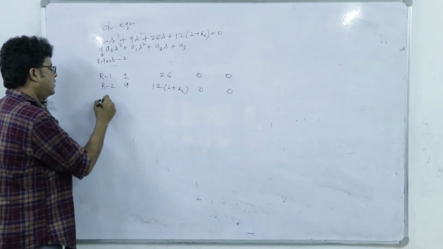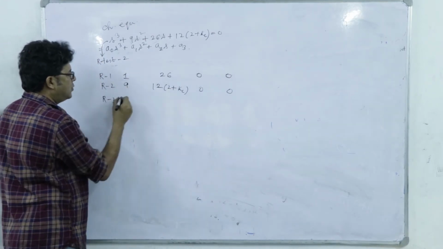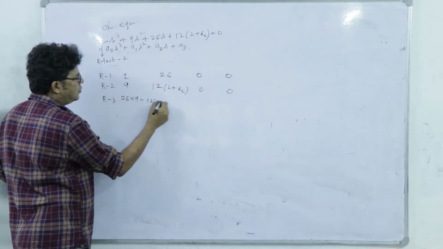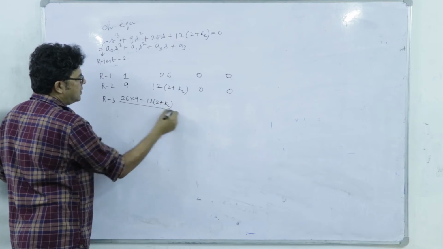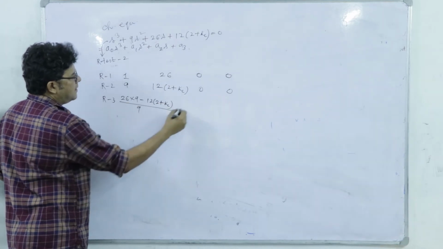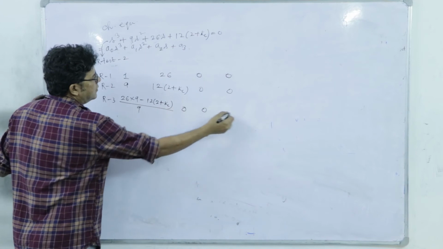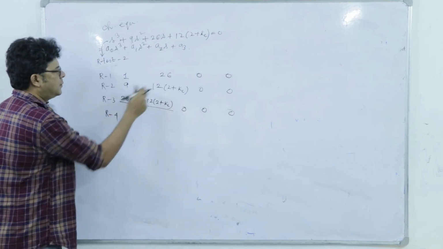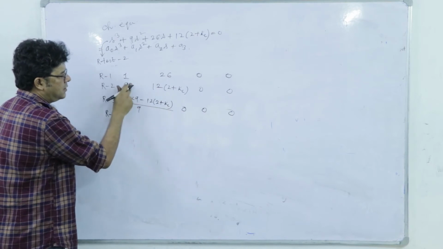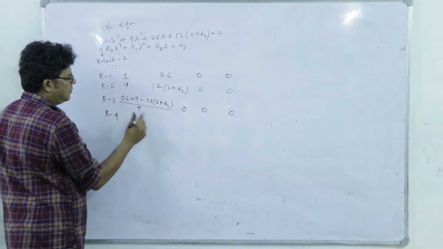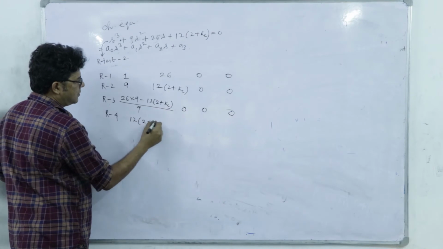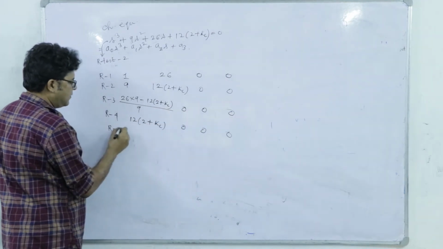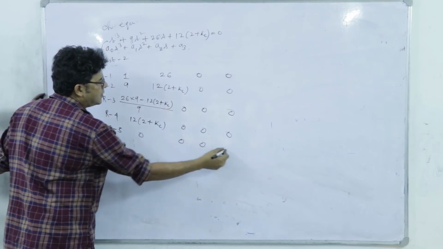Row 3 is 9 into 26 minus 12 into (2 plus kc), divided by 9. This will be 0, 0, 0. And next, R4: this multiplied by this, minus 9 into 0, divided by this. So it is 12 into (2 plus kc). And after that R5, it is all 0.